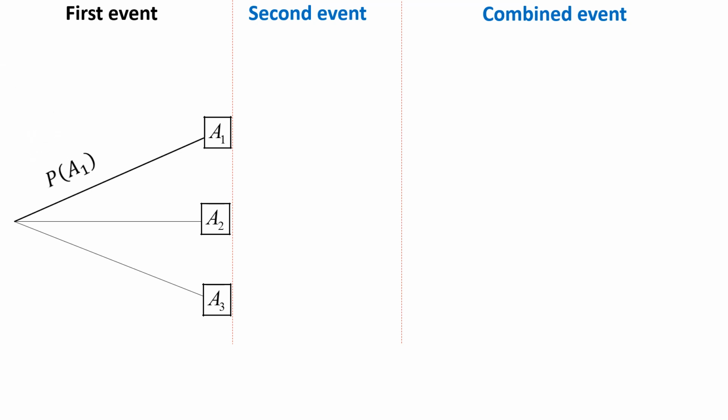Now, what is the chance that a scooter driver will be selected? The chance that a scooter driver may be selected is P(A1), and here we write P(A2), and then we write P(A3).